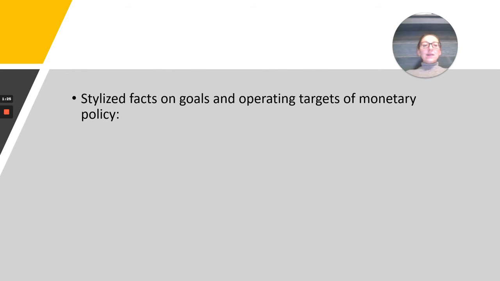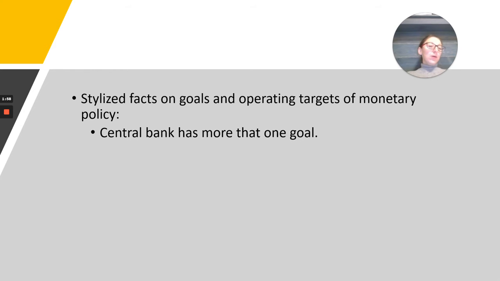We can discuss a few stylized facts on the goals and operating targets of monetary policy. So, what do we know about them, or what is the reality? Usually, a central bank has more than one goal. Its major focus is on inflation, but besides it, it might have a goal on GDP or unemployment in the country, which are interlinked.